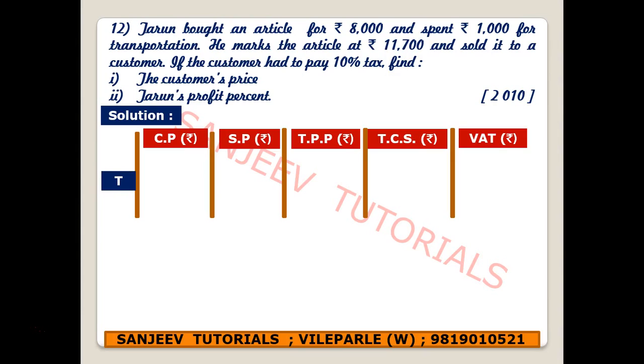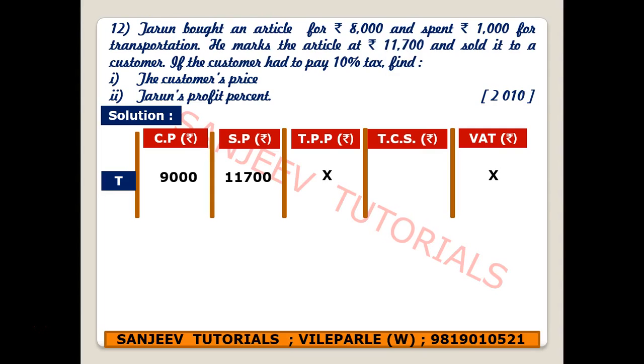So his total cost price will be rupees 9,000. He marks the article at rupees 11,700, which means his selling price is rupees 11,700. I have filled up the first 2 columns. Column number 3 and the last column, I keep blank because they are not required for this sum.